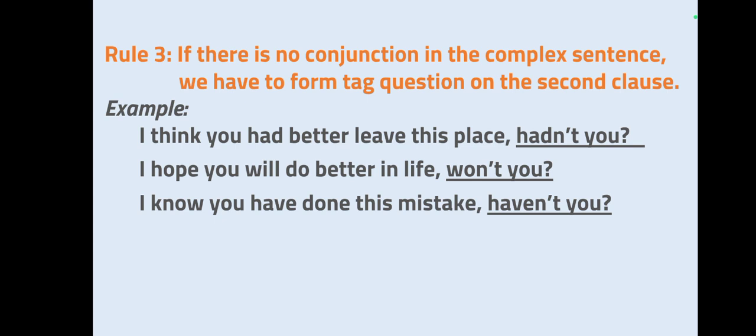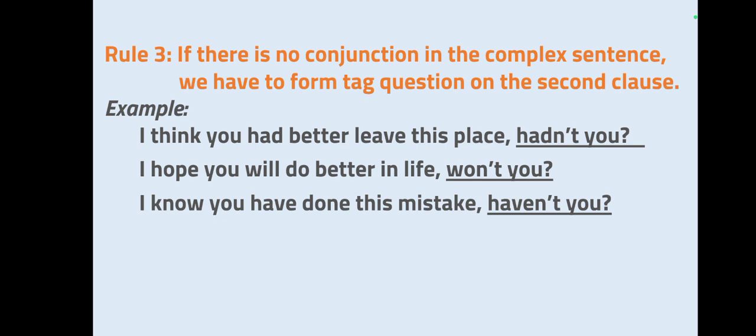Now, in the second example, I hope you will do better in life, won't you? Again, in this complex sentence, there is no conjunction between the main clause and the subordinate clause, and hence the tag question is formed on the second clause, that is, you will do better in life.